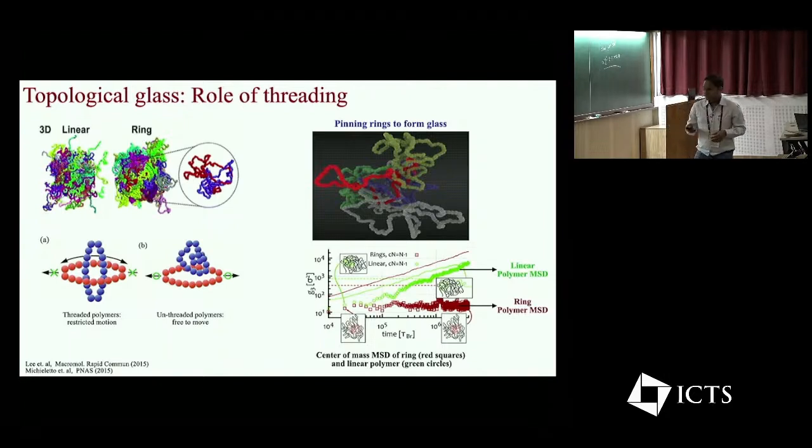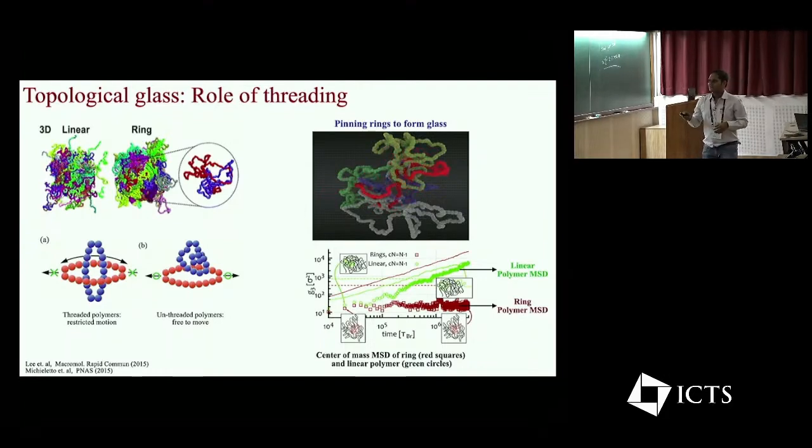Now the question is how you can show that this topological interaction gives rise to a slowdown in the system. This was beautifully done in a previous work, where they artificially trapped the system so that there is a frozen polymer background and only one polymer is mobile.